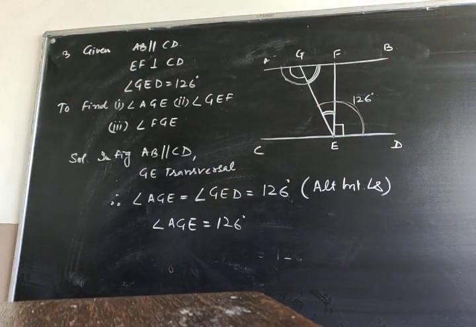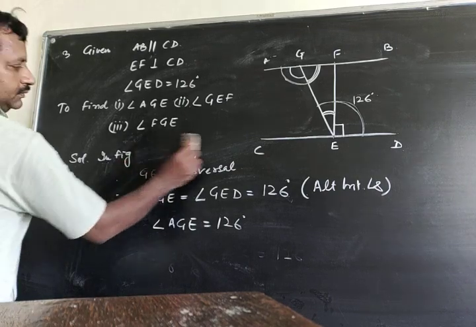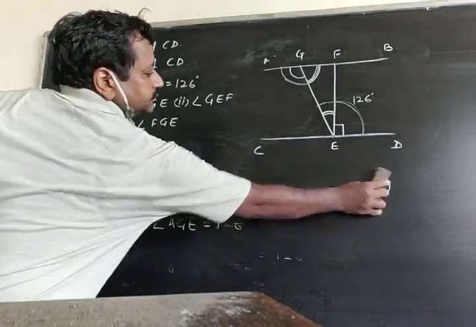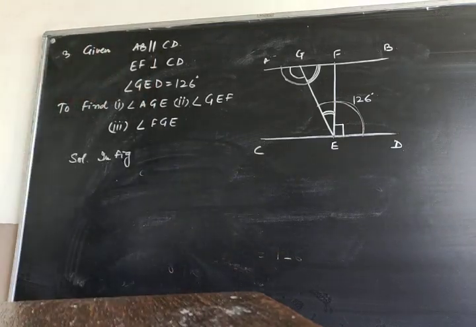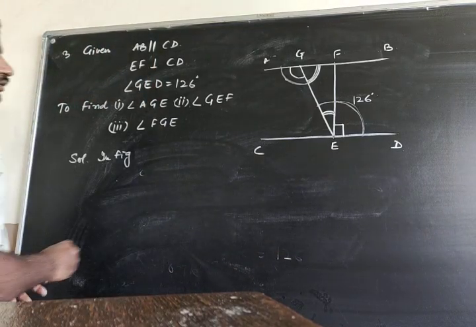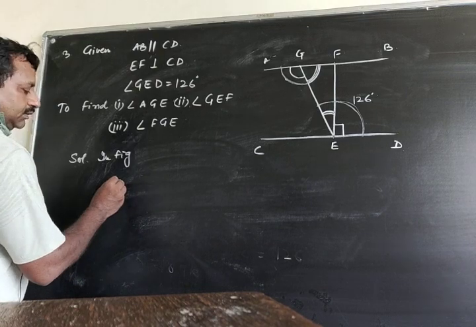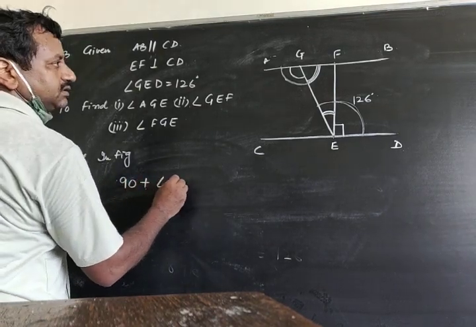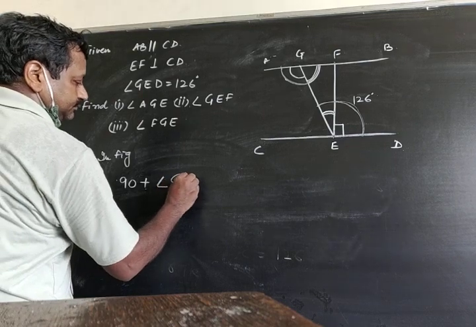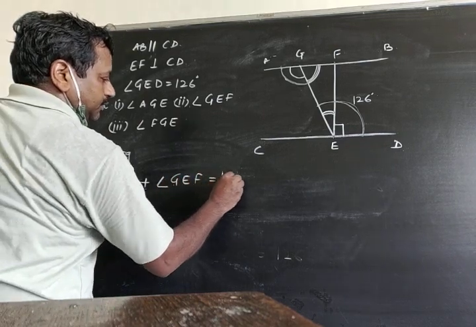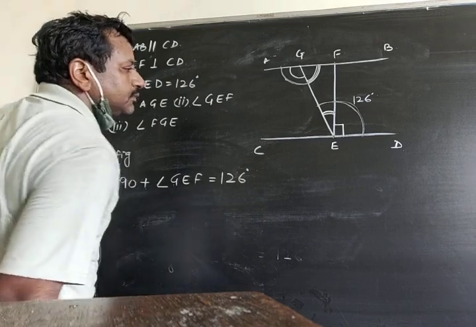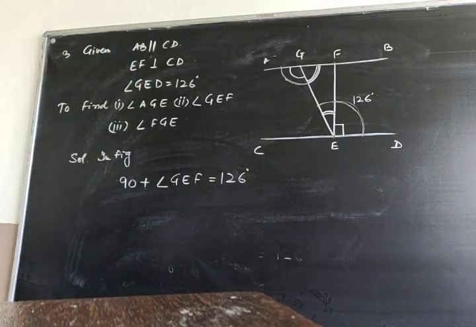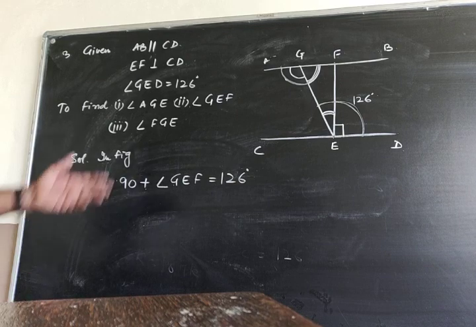So again we will write in the figure: 90 plus angle GEF equal to 126 degrees, and there is no need to write any reason here because that is obvious in the picture.